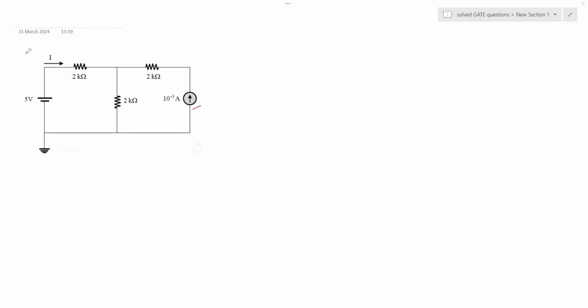So we can apply the superposition law. We want to know the value of the current I. Superposition law says that in a linear network with multiple sources, whether current or voltage sources, we can calculate the value of any current or voltage by making one source active at a time while making all other sources inactive.